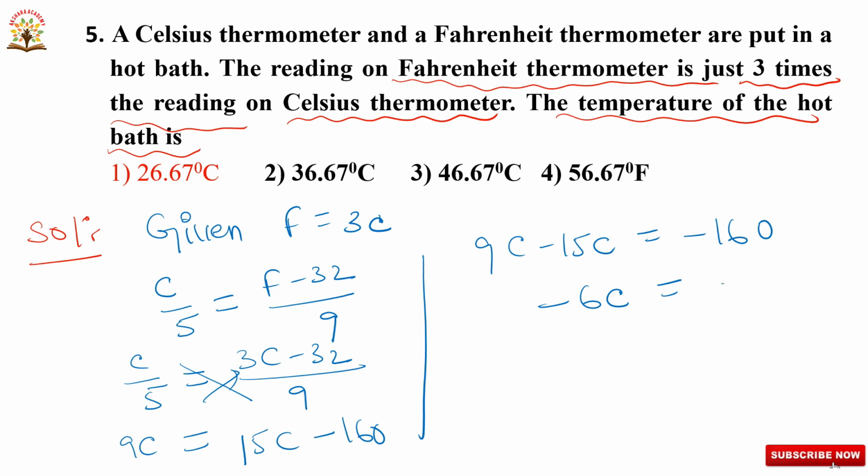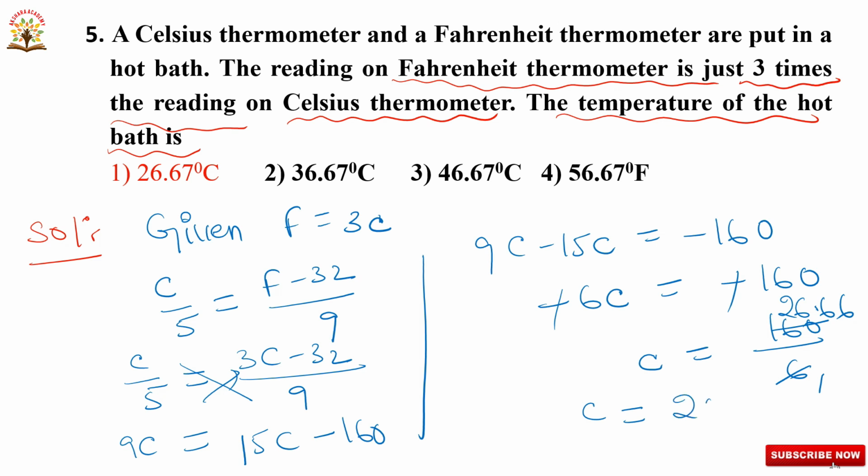Minus 6C is equal to minus 160. The minuses cancel. C is equal to 160 by 6, which is 26.66. So approximately we write C is equal to 26.67. Therefore the final answer is 26.67 degrees centigrade. This is the final answer.